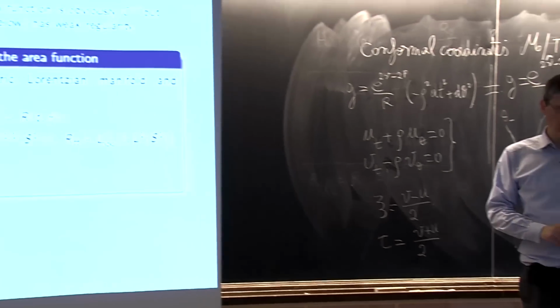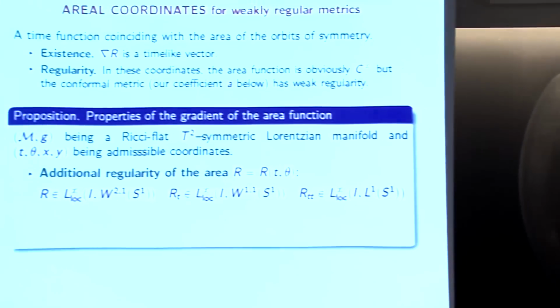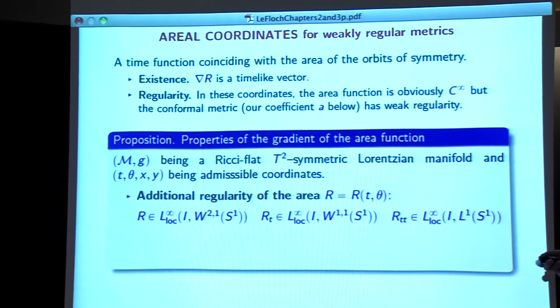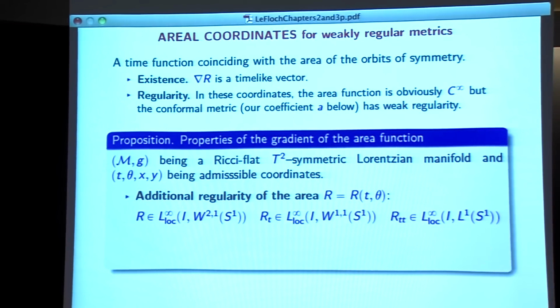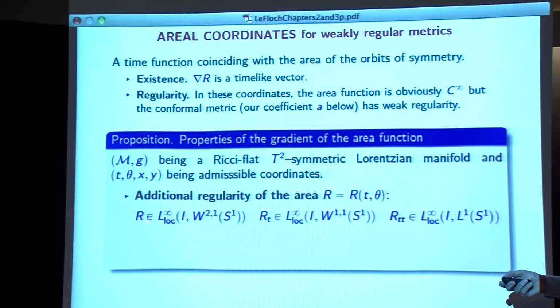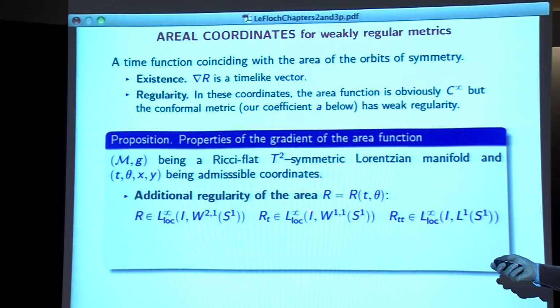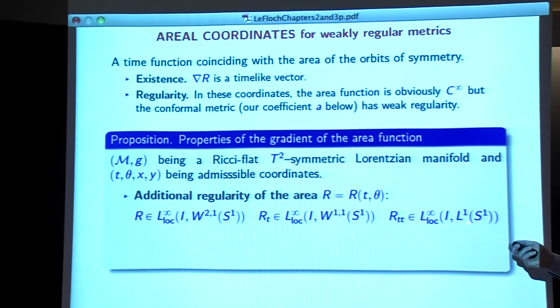Okay, so we need first to revisit the regularity of R. What I state here is essentially something that we already observed. The function R is W11 in space, R sub t is W11, and R sub tt is in L1. So how do we get that?